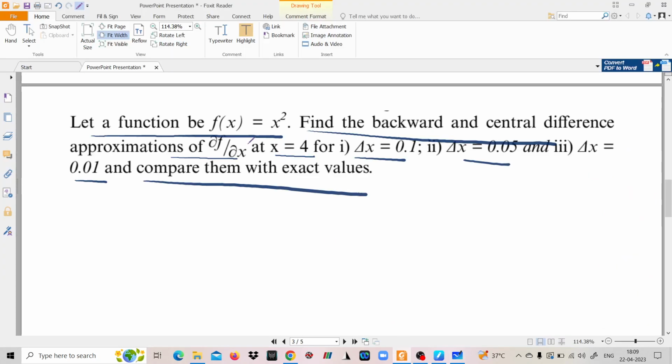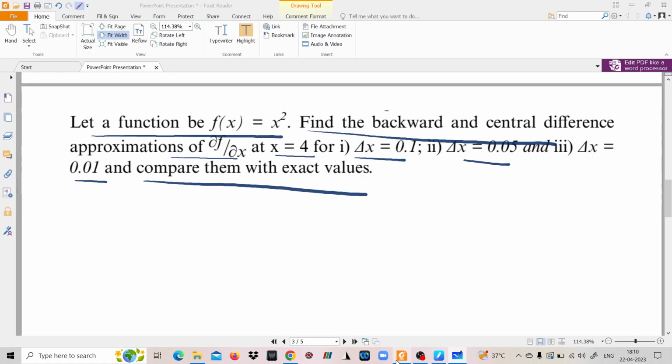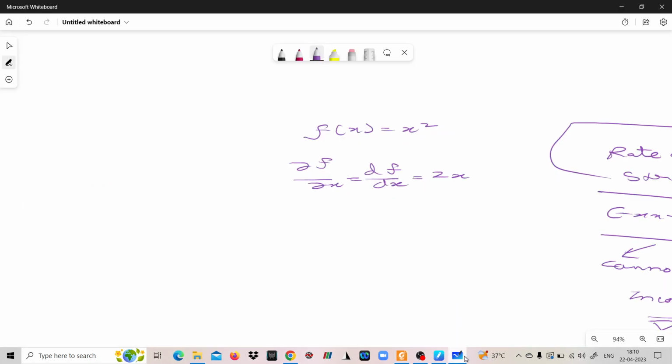Now if you find del f by del x, which is equivalent to df by dx because it is a single variable function, it will be 2x. And you need to compute the value at x equal to 4. So del f by del x at x equal to 4 will be 2 into 4 equal to 8. So this is the exact answer.